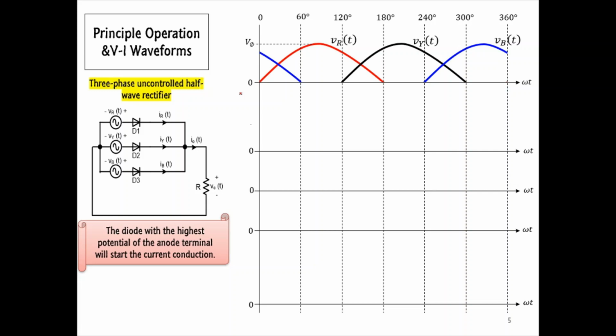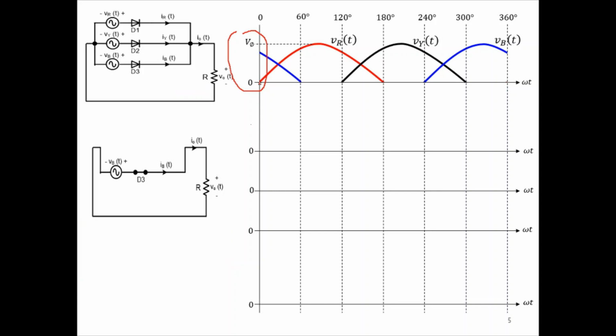Now, let's start at omega t equal to 0. At this angle, we can see the amplitude of the blue voltage is higher than the red voltage. Therefore, diode D3 will turn on.